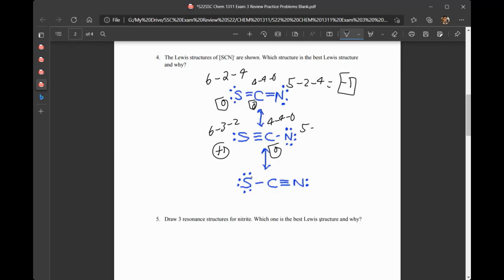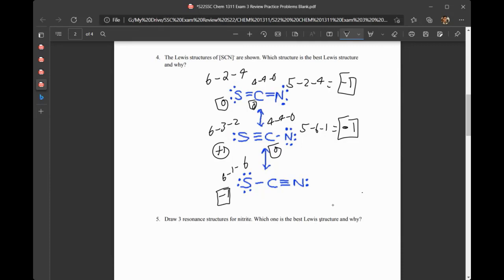Nitrogen is going to be 5 minus 6 minus 1, be -1. For the third one, sulfur, we repeat this again: 6 minus 1 minus 6 for 6 of these electrons, and that's a -1 charge.